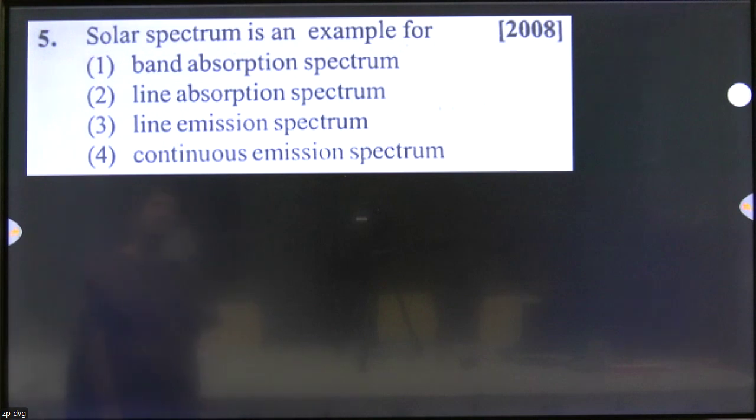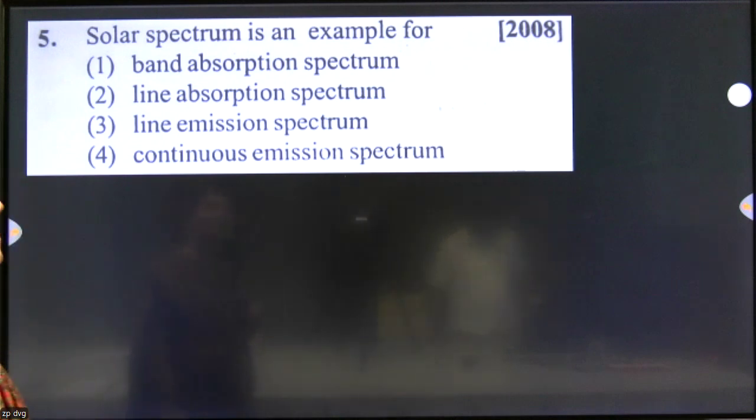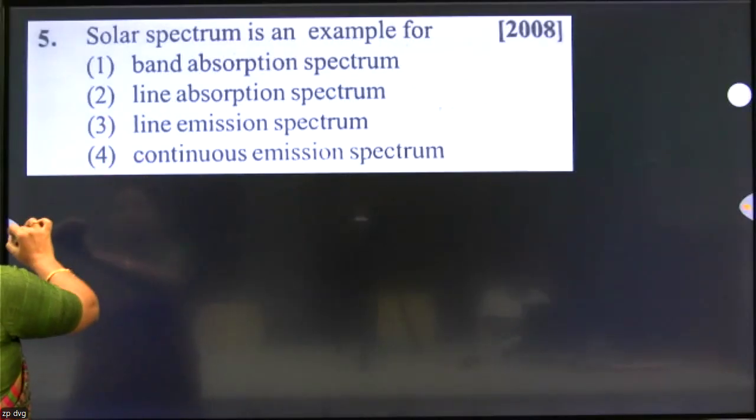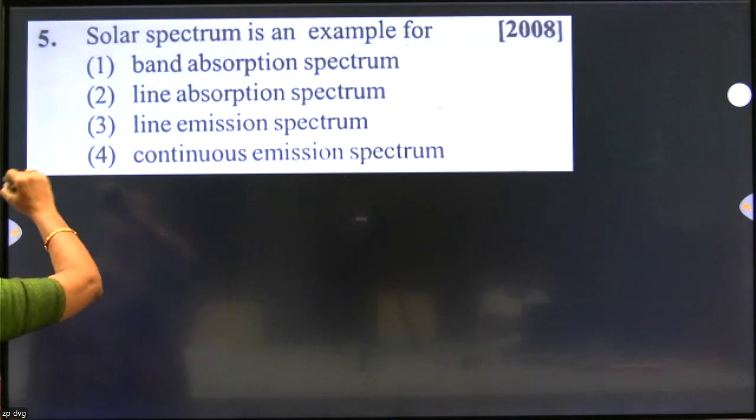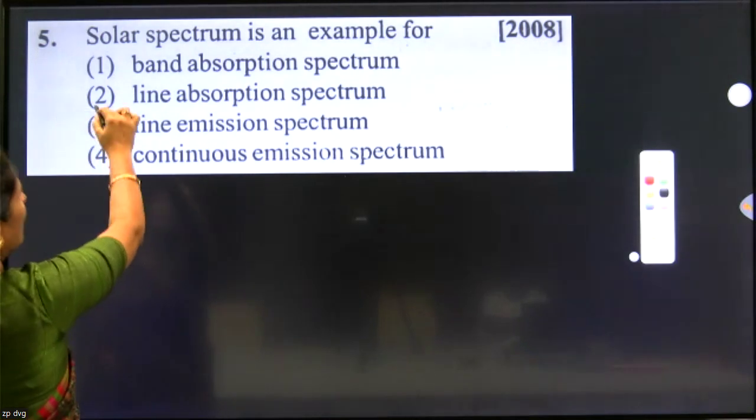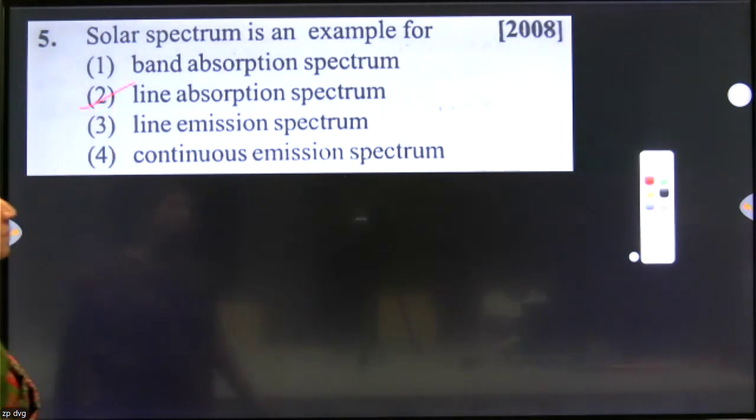Solar spectrum is line absorption spectrum. In solar spectrum, we can see Fraunhofer lines which are superimposed on continuous spectrum. Therefore, solar spectrum is line absorption spectrum. Which one is the answer? Second one, line absorption spectrum.